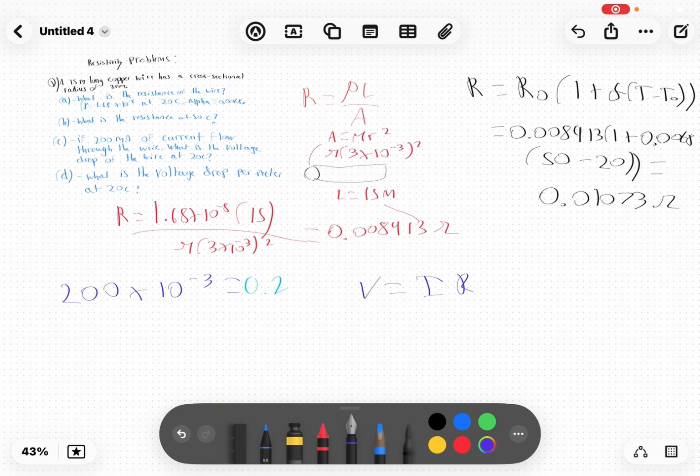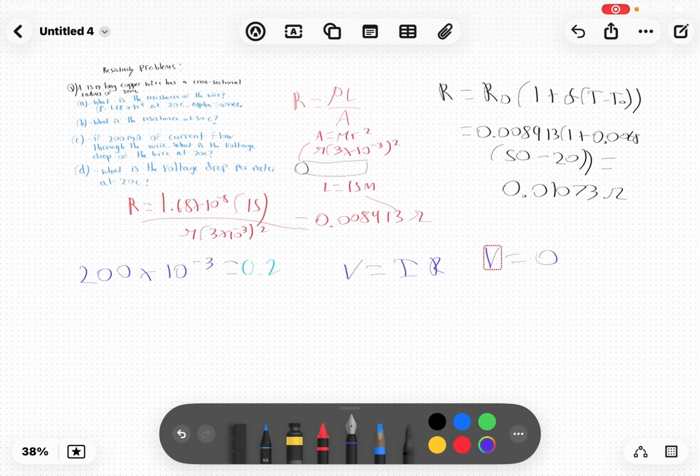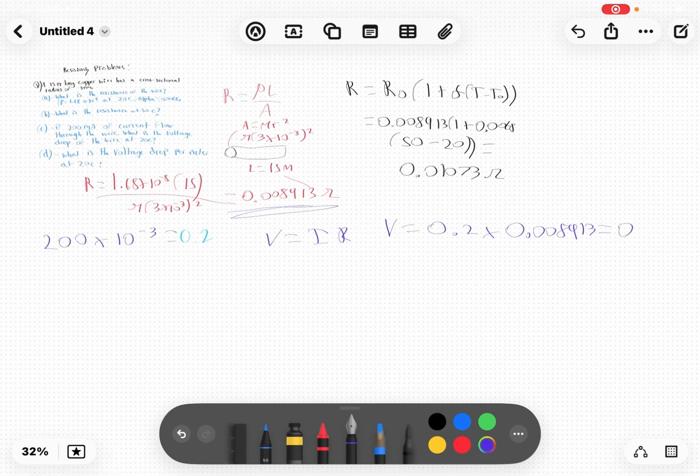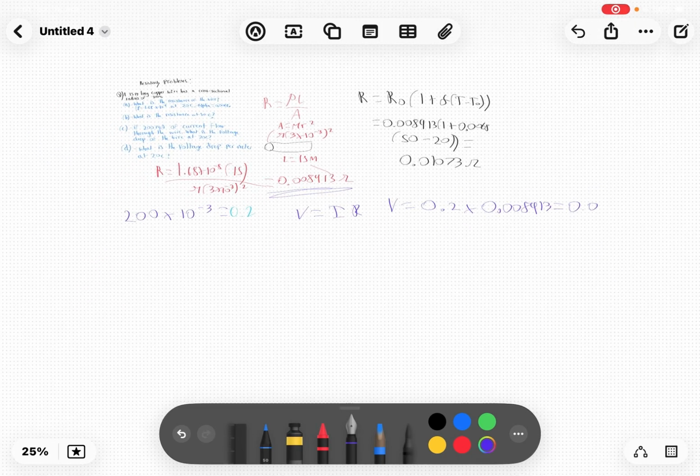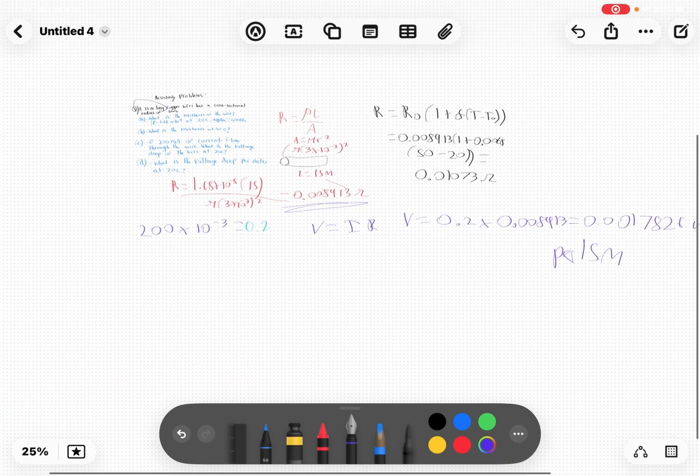So that will be V equals 0.2 times the resistance over here, because it's asking for the 20, and the answer is 0.0017826 volts. So this is the voltage drop per 15 meters, because that's the length of the wire.